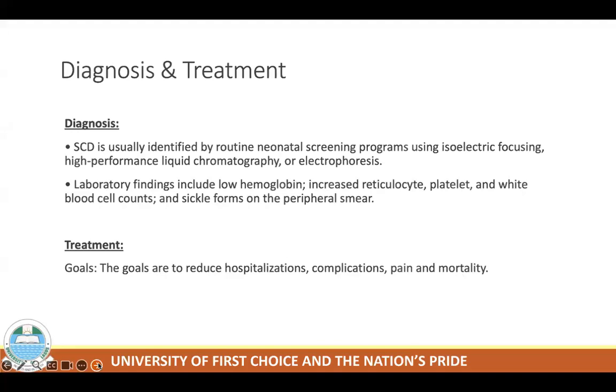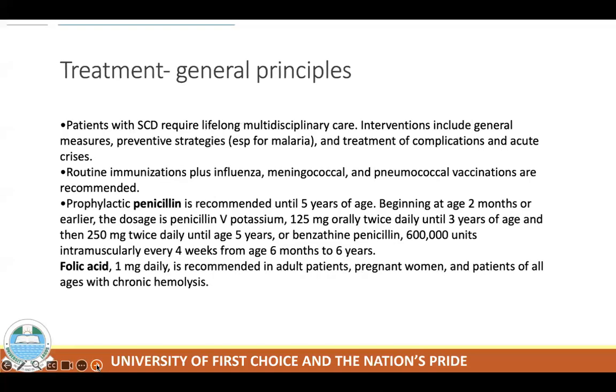Treatment goals. The goals are to reduce hospitalization, reduce complications, reduce pain, and mortality. So the medicine used is tailored to those goals. Patients with sickle cell disease will require lifelong multidisciplinary care, and interventions include general measures, preventive measures, and treatment of complications and acute crises.